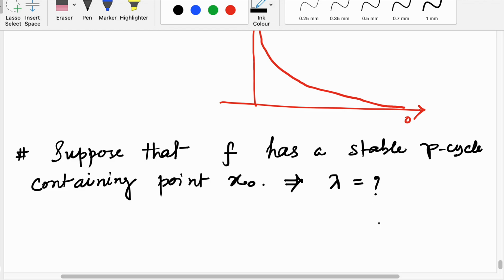Their distance will decrease to 0, and ultimately they will fall onto the p cycle. That means lambda should be less than 0. So let's see whether or not it is less than 0.